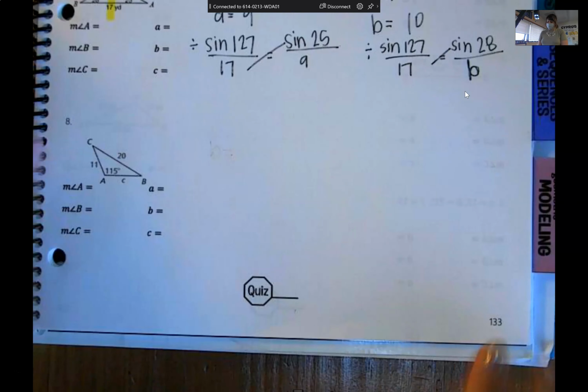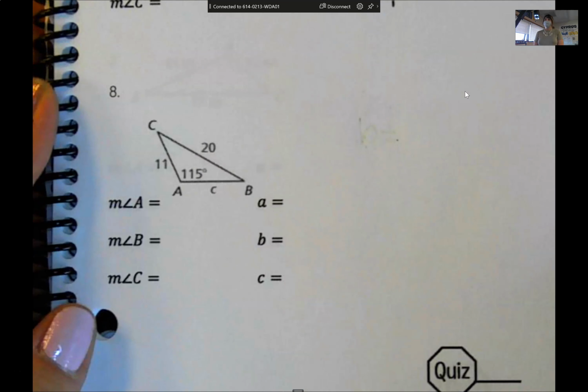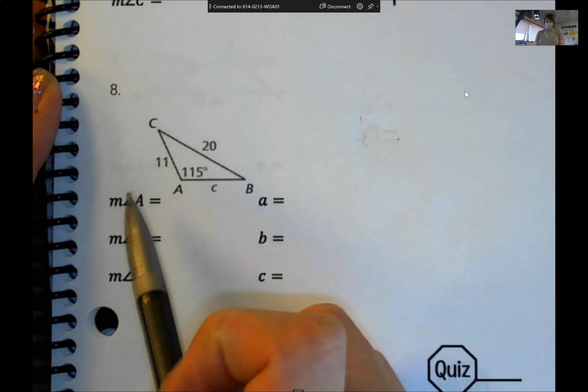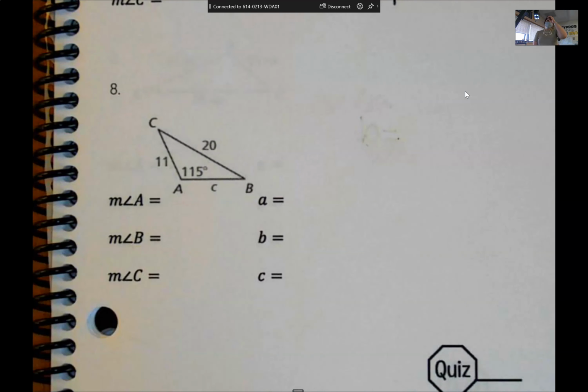Your very last problem then is going to be like number 8 on 133. We are going to solve the triangle, which means we're going to find all of the sides, all of the angles. In your quiz, I give you a hint and tell you what order you should do these in.